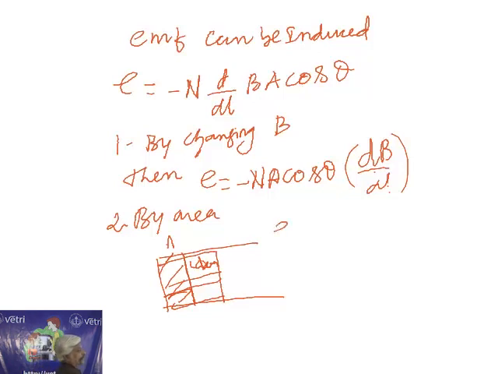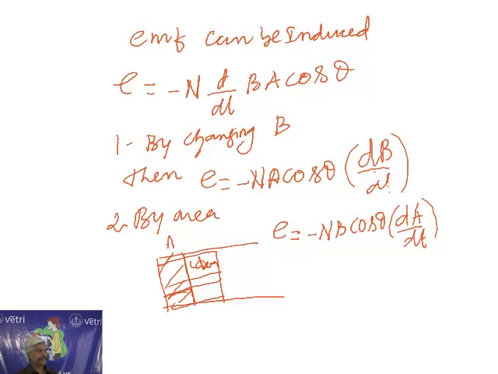Here also E is equal to minus N B cos theta we can take out, simply dA by dt. dA by dt means change in area. So here the number of turns is only one. The magnetic field is constant, we least bother about it. Cos theta, here two parallel wires, so theta reduces to 0, cos 0 becomes 1. Therefore simply dA by dt.